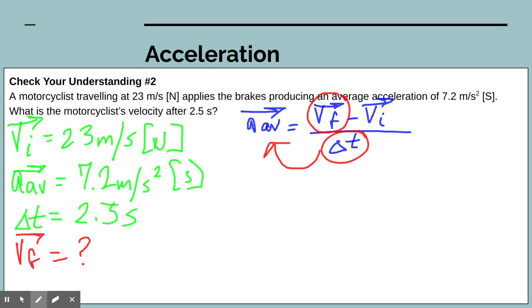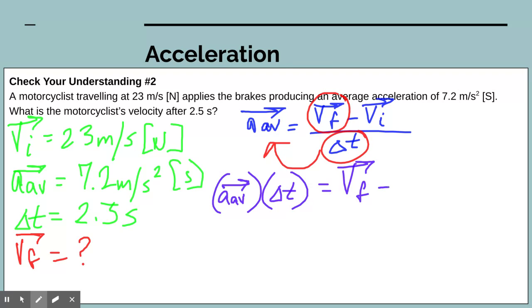It's being divided, so we do the opposite on the other side of the equation. We then have our average acceleration multiplied by the time interval, and we still have our final velocity minus our initial on the other side.